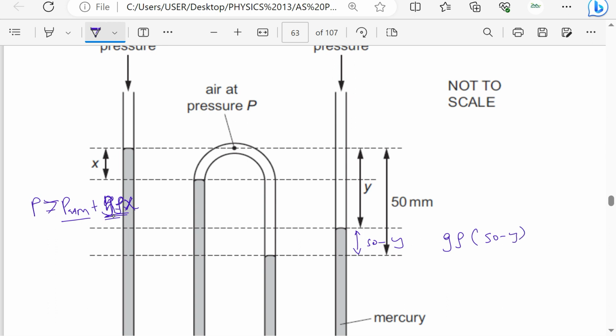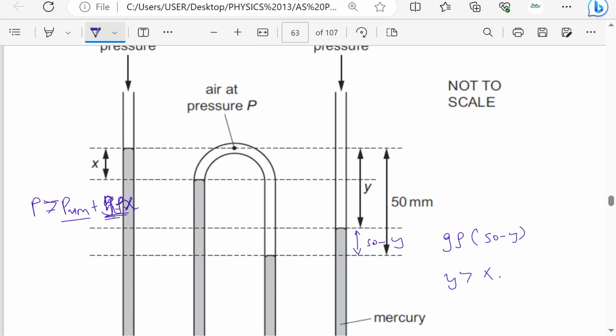But I want you to notice that because the height y is greater than the height x, y is greater than x. Obviously, it means the pressure due to mercury is going to be above the atmospheric pressure.